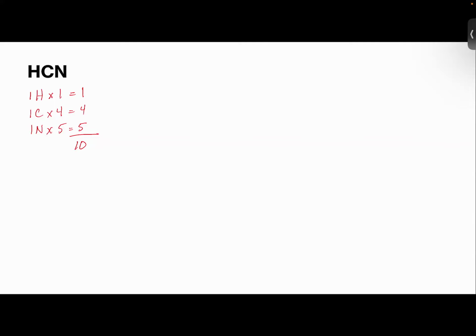It's always the center of attention. And thirdly, you can use the statement that I gave where you're going to start with the first element in the formula, unless that's hydrogen, and then you move to the second element. So with all this in mind, carbon is going to be our central atom.